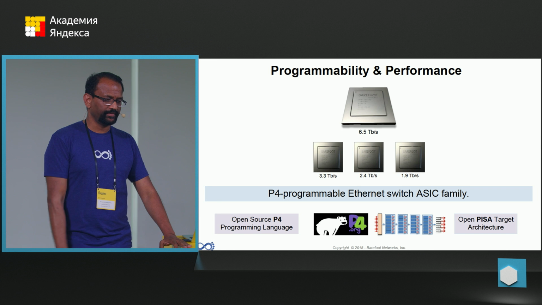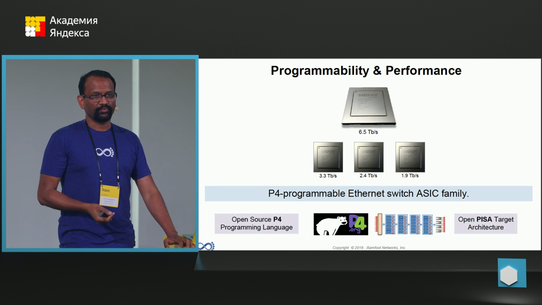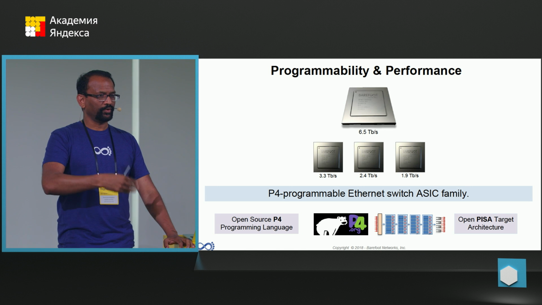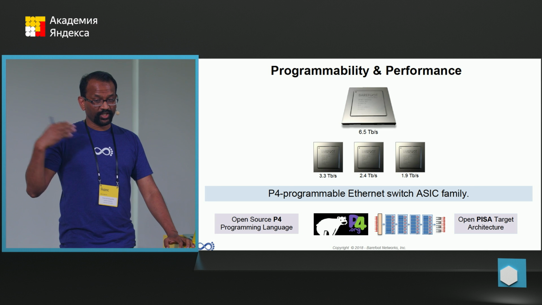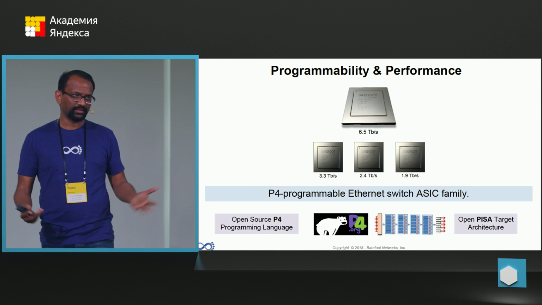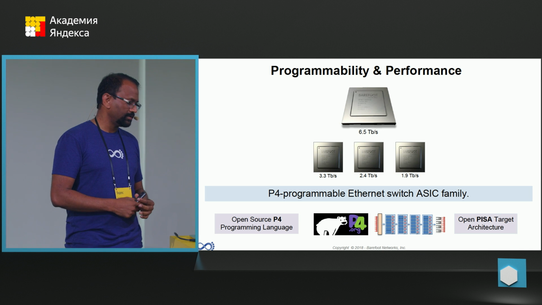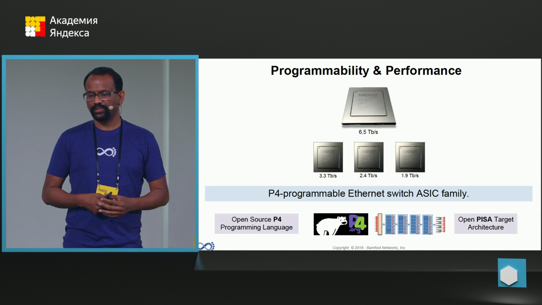More number of features. With a programmable ASIC, you can actually create whatever features you need and use only those features. And because there is no penalty on performance or price or power, it's easy to kind of replace a fixed function switch chip with a programmable switch chip and build the network you want.